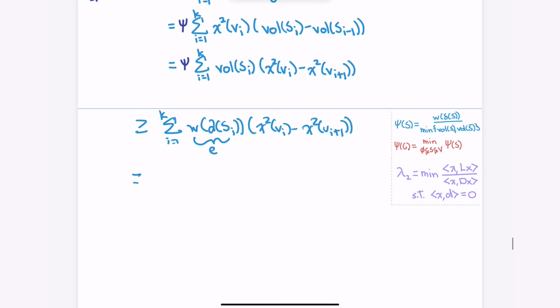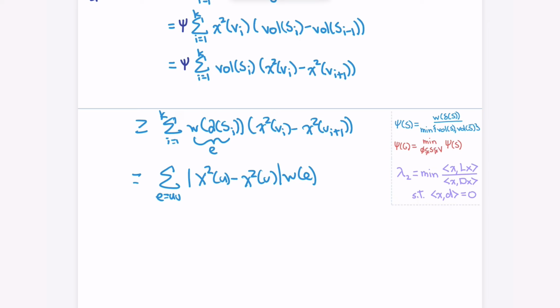So you can sum over all the edges in the graph, uv, the absolute value of x squared u minus x squared v times the weight of the edge.